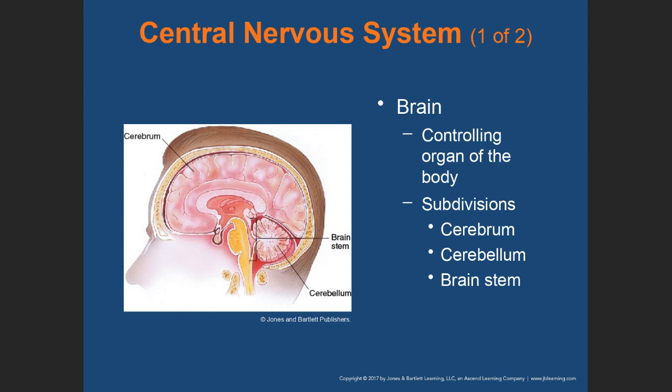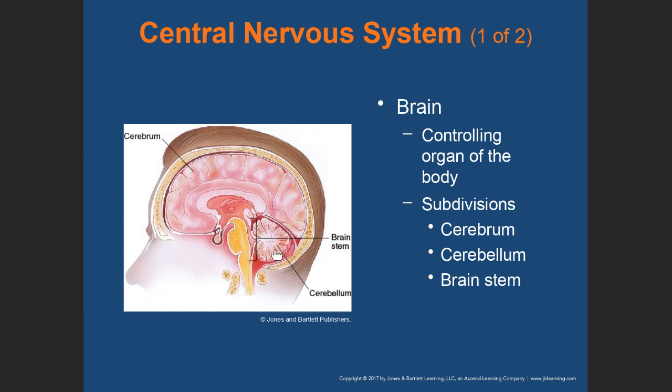So these are three main areas of the brain that you need to be familiar with at your level. The cerebrum is the largest portion of the brain, and it is responsible for all the functions within our body that require conscious thought. Right? So all the functions that require conscious thought are the cerebrum.